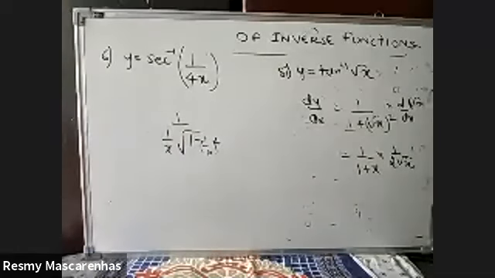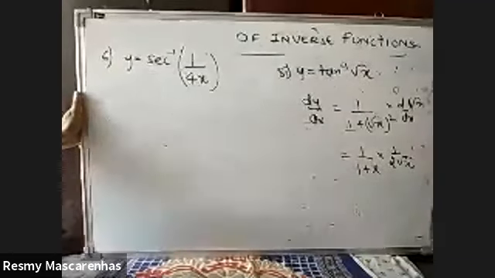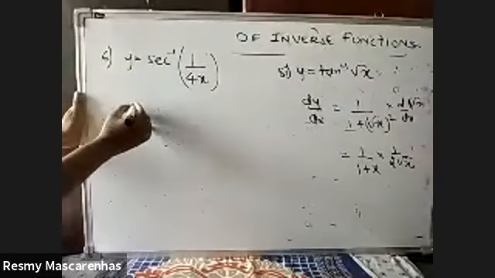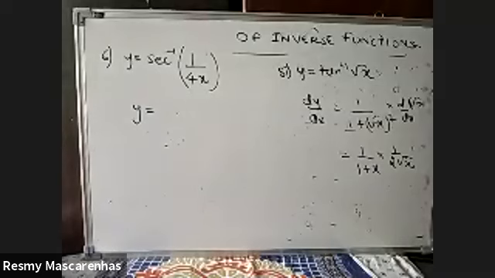Instead of that, what you have to do is, for inverse trigonometry, always you can reverse it. So sec inverse, you can reverse. So what will it become if you reverse sec inverse? Can anyone tell me?